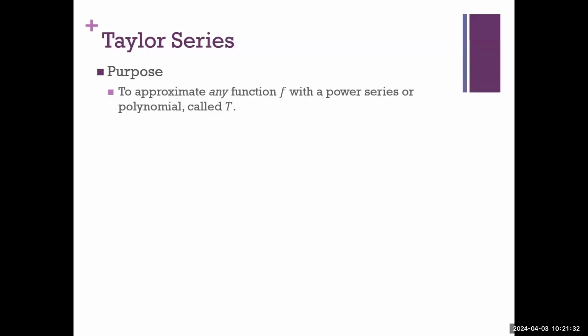Again, what's the purpose of this? I want to take any function, and not really any function, but any differentiable function, since nothing we just did works for a function that doesn't have derivatives.